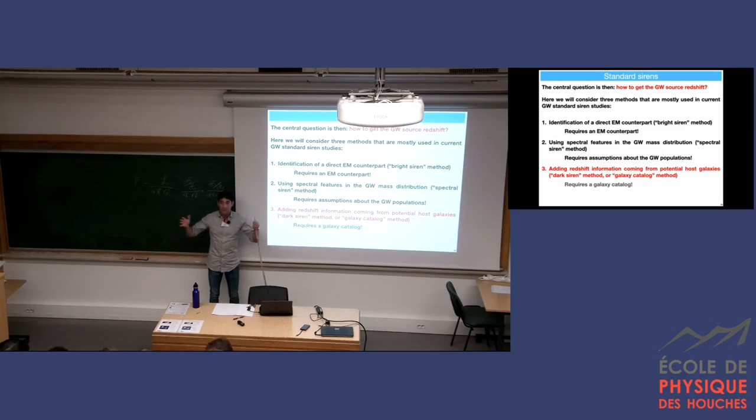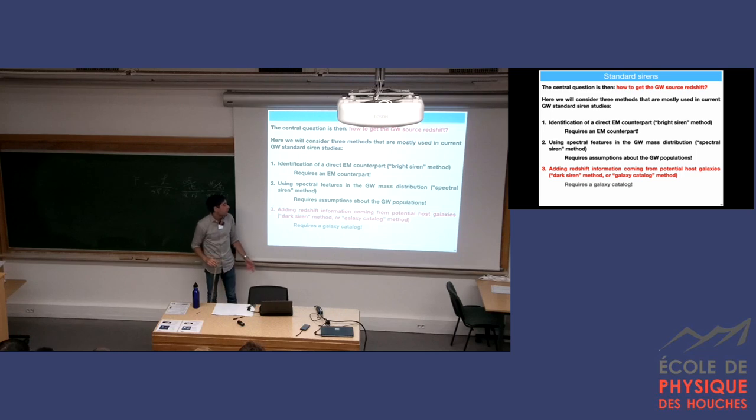I can then cross-match the sky location from the GW source with the galaxy catalog. This boils down to a sample of galaxies which might be the potential host, and then I can use statistical techniques in the framework of hierarchical Bayesian inference to extract the redshift information and see which is the most probable host among all those galaxies compatible with being the host of the GW source.